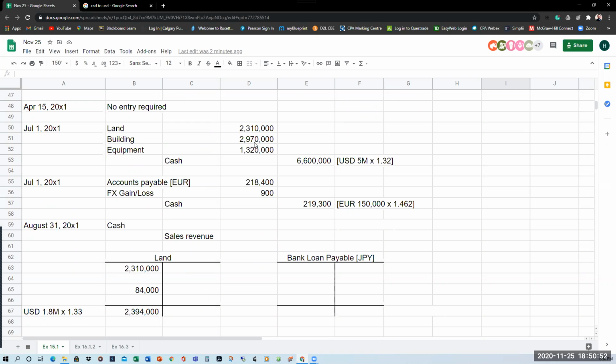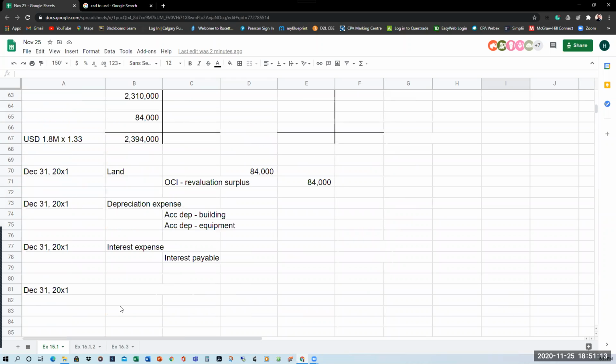This is to be spread over 10 years because that's the estimated life of the building. So 2,970,000 divided by 10 gives us 1 year's worth of depreciation. And then adjust for a half year, right? Because you're only taking a half year depreciation for 2001. So that will give us accumulated depreciation on the building for this year being 148,500.